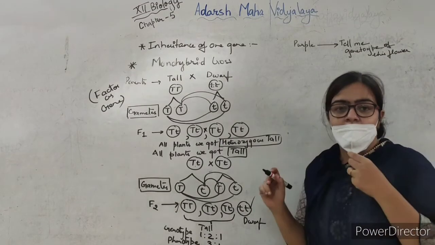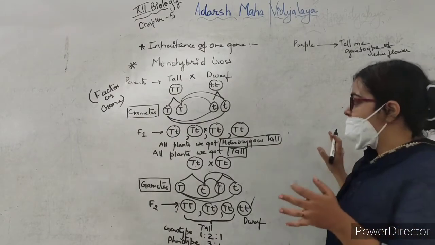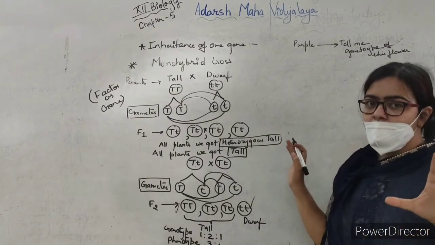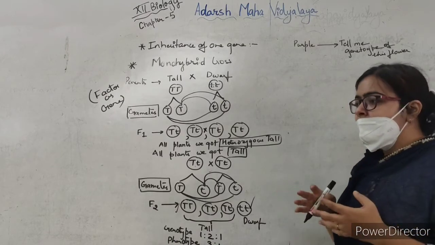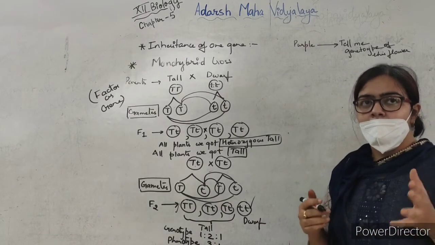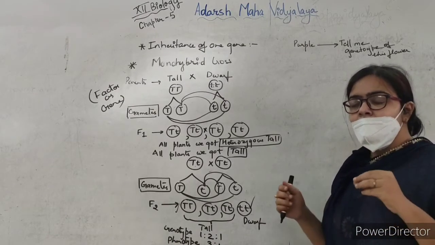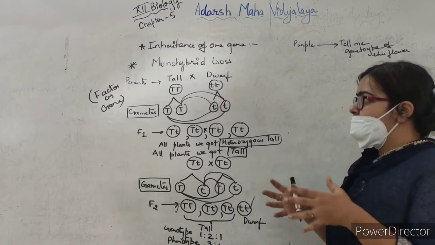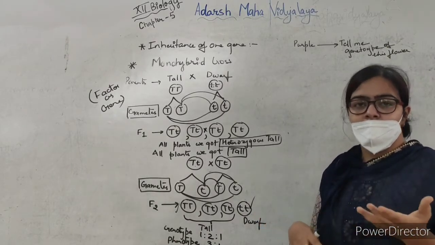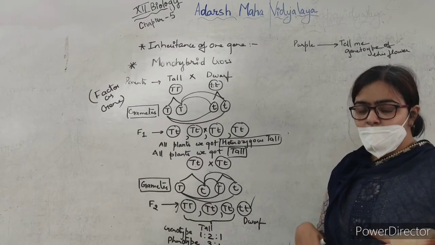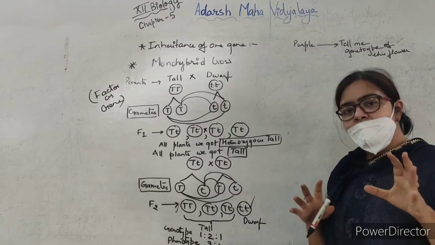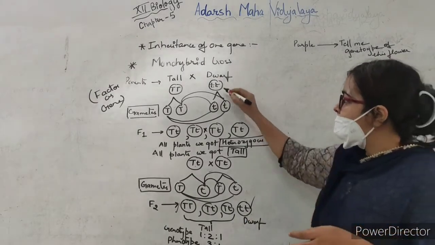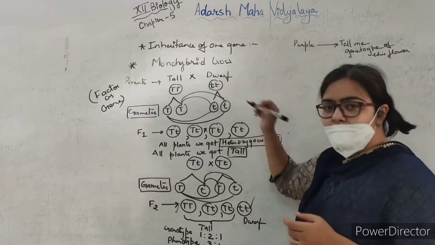So here you can find the genotype of this flower with the help of a cross that is called the test cross. Now test cross is a cross in which you take an unknown parent where you are not aware of the genotype, and you take a recessive parent. Here this dwarf plant was a recessive parent.